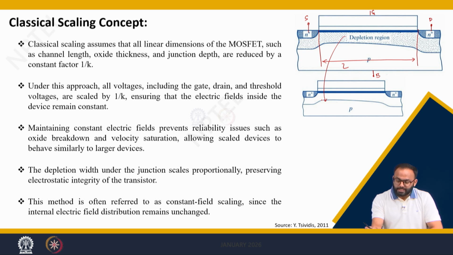It means I will scale all the dimensions by a factor of k. For example, if the length here is L, I will design a new technology MOSFET with L by k. So, there are two types of classical scaling. One is constant field scaling and one is constant voltage scaling.